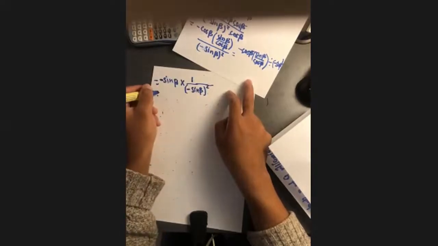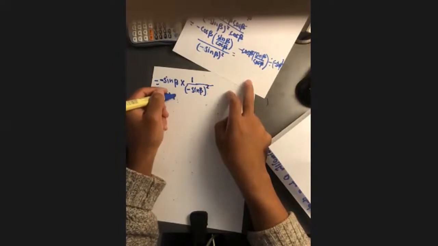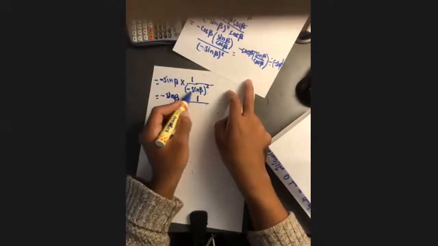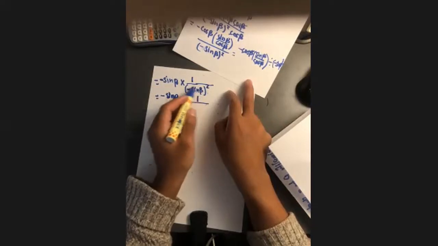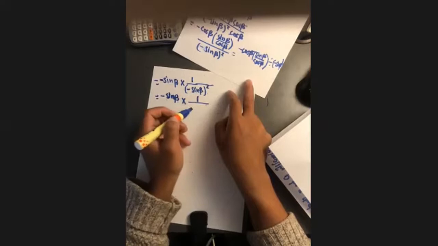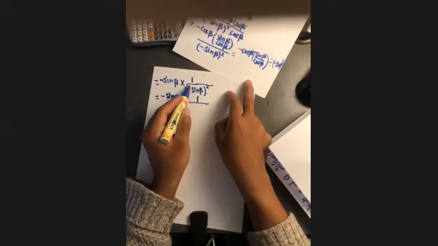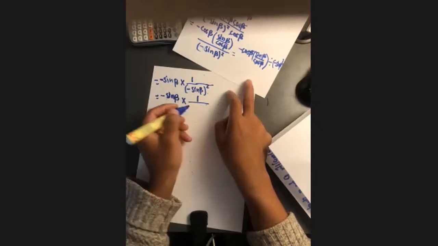And then we also know, guys, don't confuse it, that if this ratio is squared, then the negative sign is just going to go away.